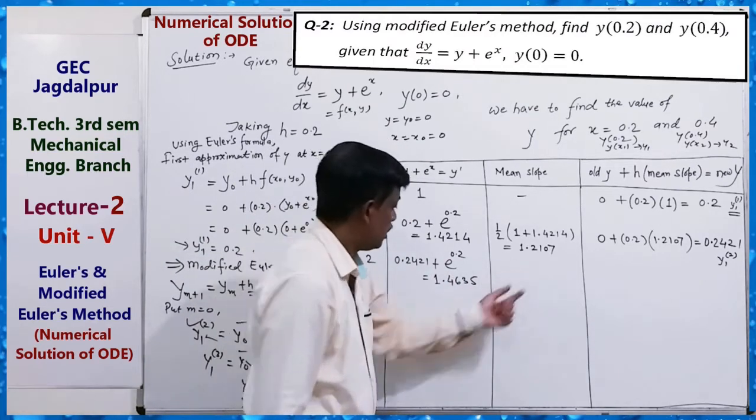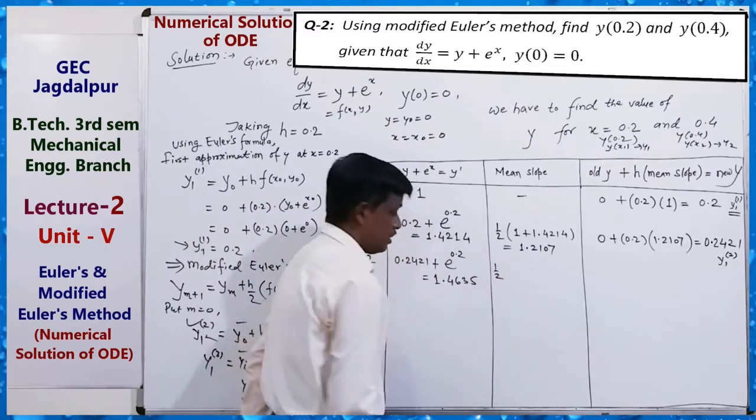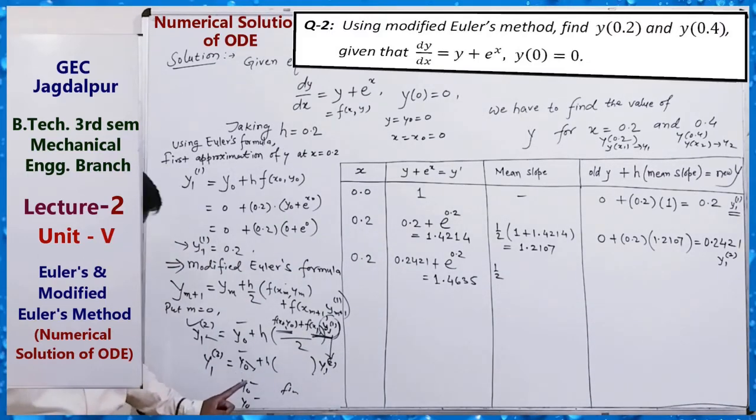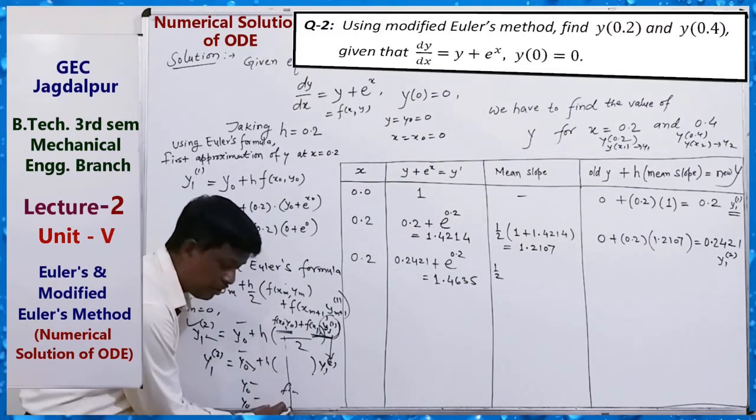Now the average: see the formula, x0, y0 carries over.